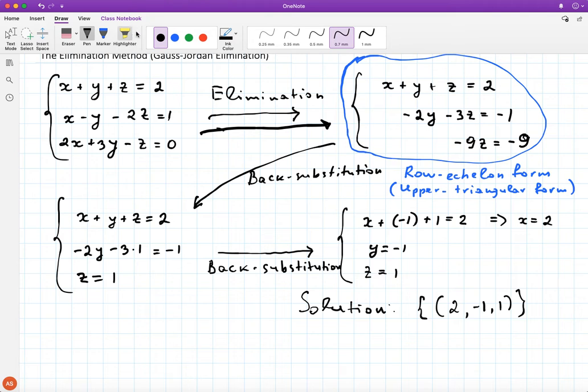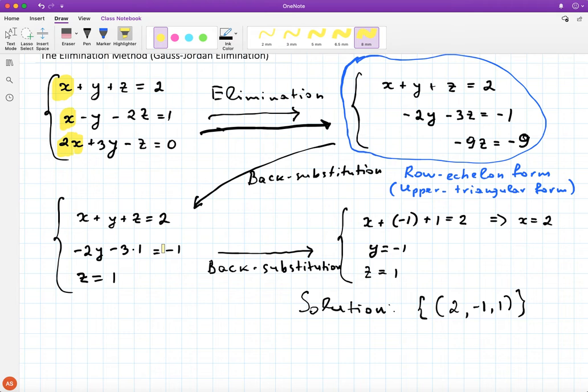Now, let's look at the x terms in our system. The first equation contains x, just 1x. The second equation also contains 1x. And the third equation contains 2x. So based on that, in order to eliminate x in the second equation, all we need to do is subtract the first equation from the second.